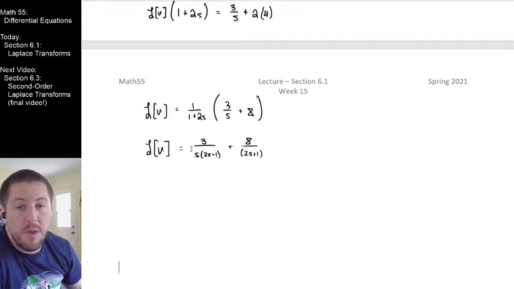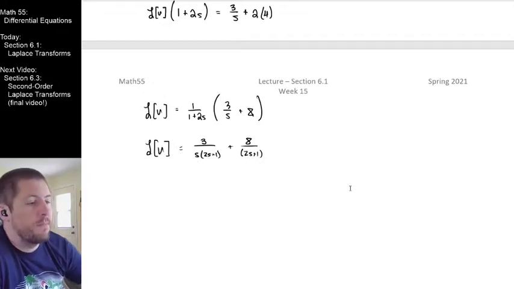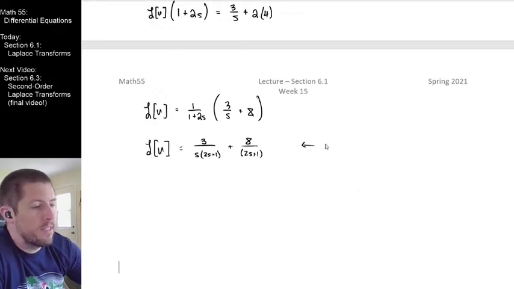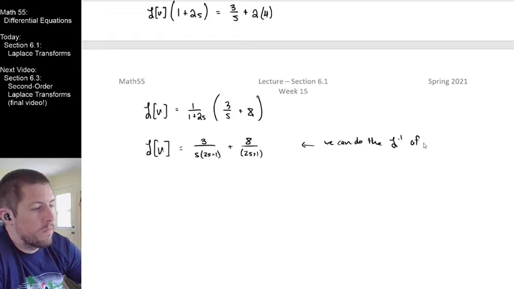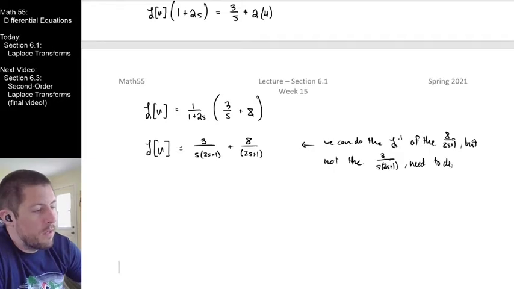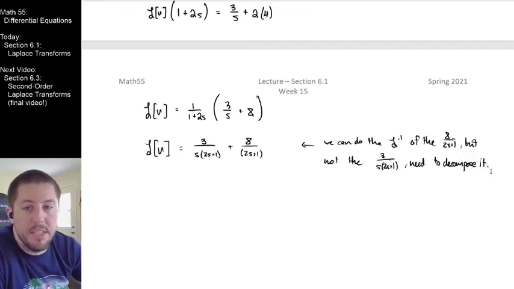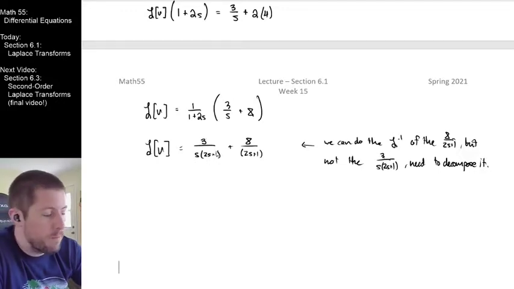I definitely don't know what to do with this s times the 2s plus 1. So I need to do my partial fraction decomposition on the 3 over s times 2s plus 1.